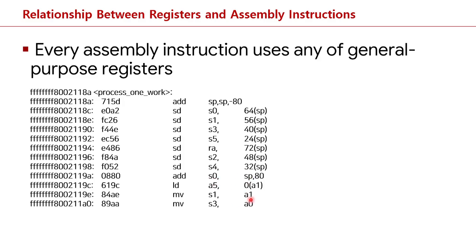And this register is called the source register. The point is that every assembly instruction uses some general purpose register. That is the key point. So it is important to figure out how the registers are organized in the RISC-V architecture.